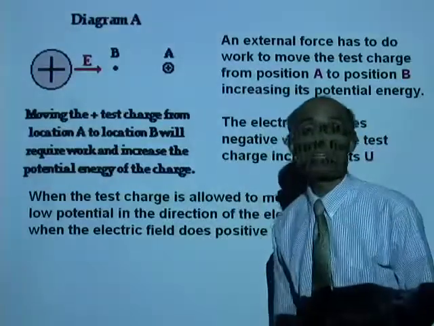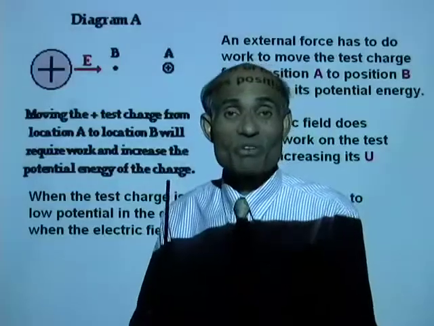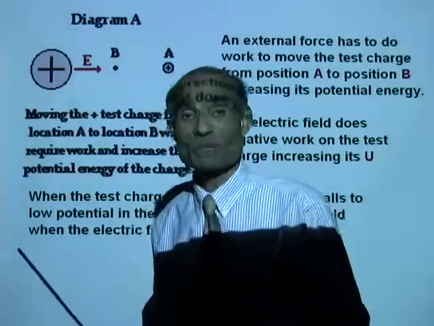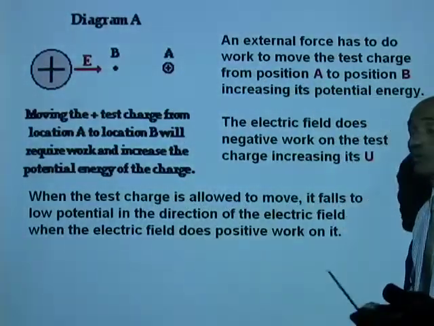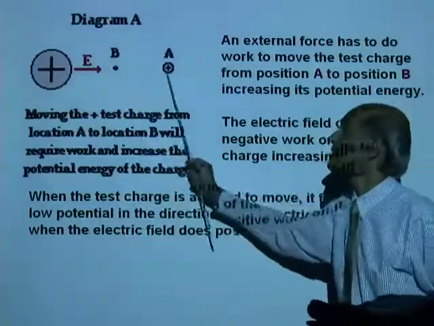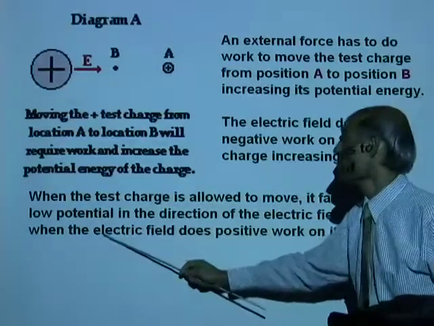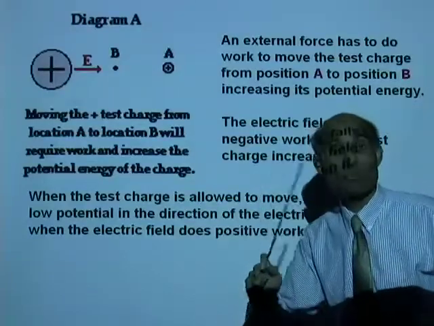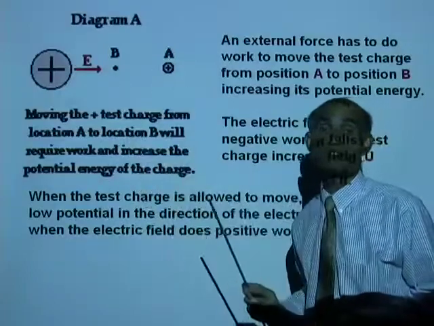Therefore, we can very conveniently say that the direction of an electric field is the direction of decreasing potential. When the test charge is allowed to move, it falls to a low potential in the direction of the electric field. That means the electric field does positive work. When the electric field does positive work, it decreases the potential of the test charge.